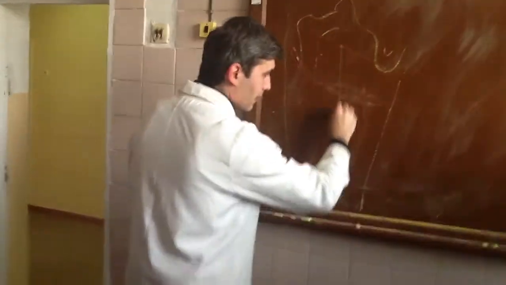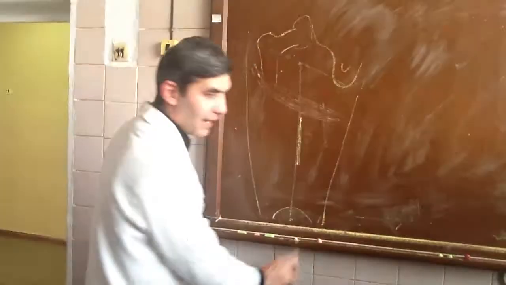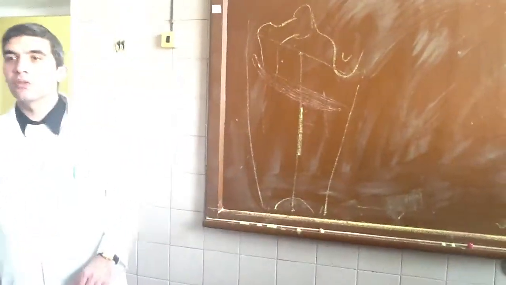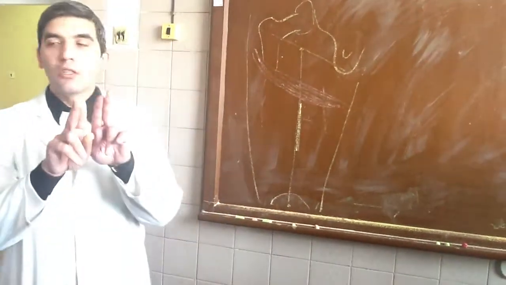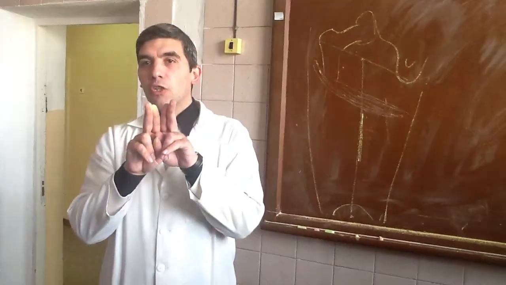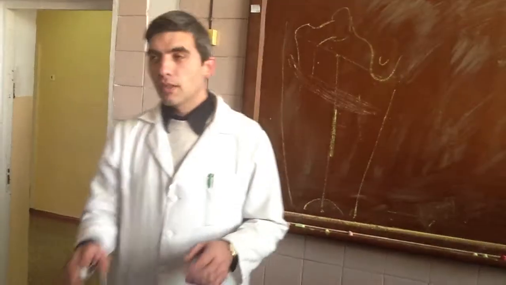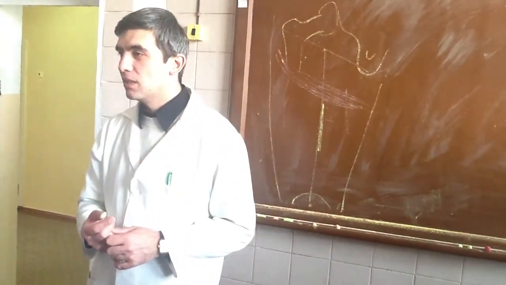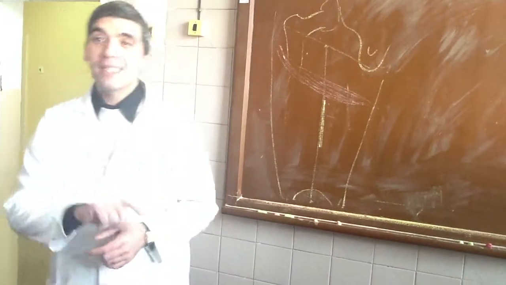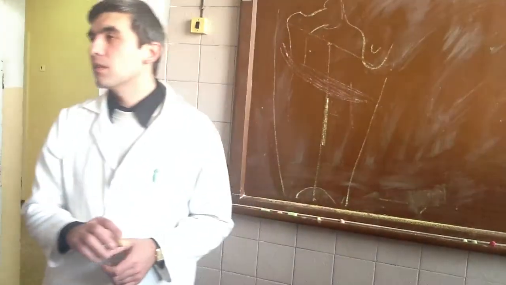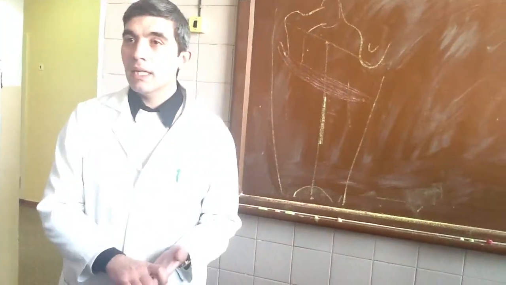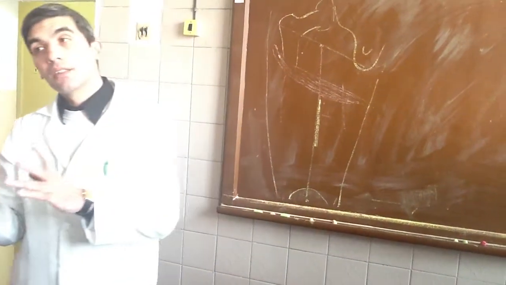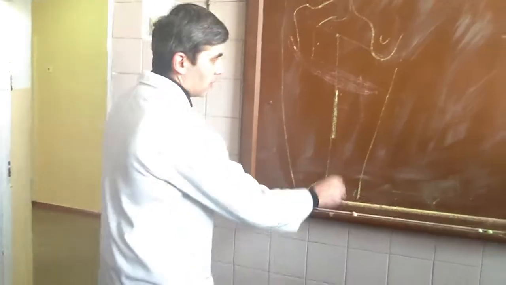The fascia lata is dissected, and under fascia lata we find two muscle groups that belong to the posterior compartment of the thigh: the biceps muscle of the thigh on one side, and semitendinosus and semimembranosus muscles on the other side.